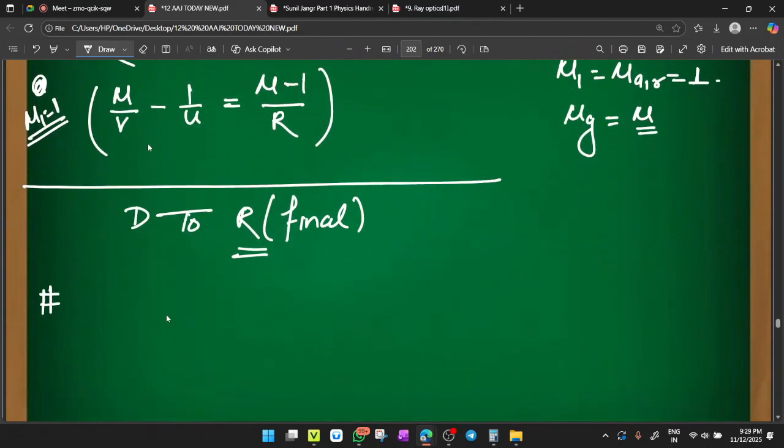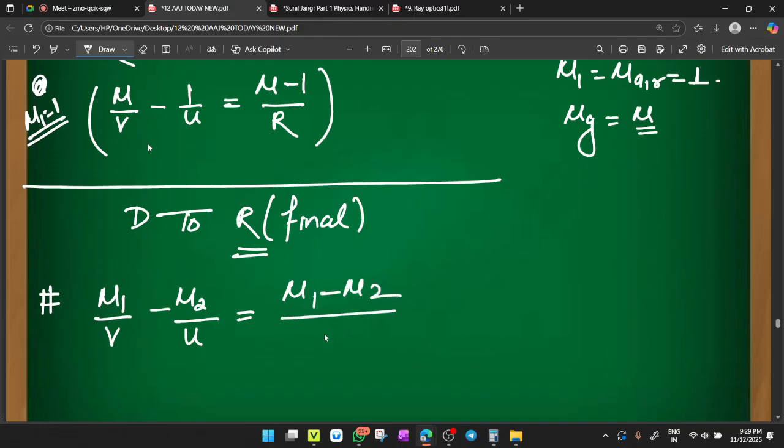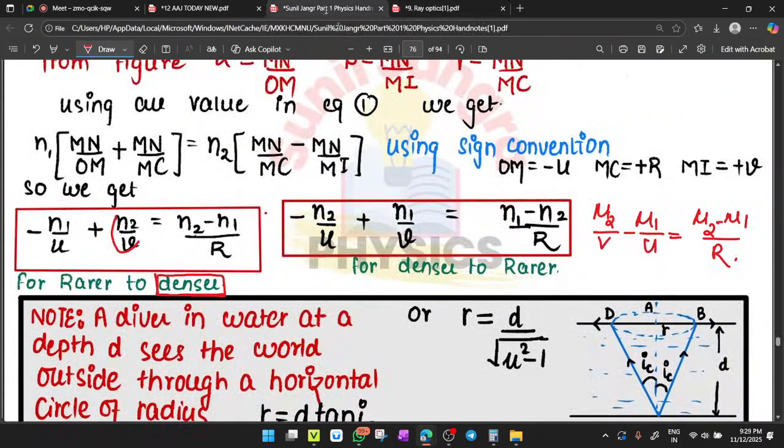So here it will be mu1 upon V minus mu2 upon U equals to mu1 minus mu2 upon R. Clear or not clear?